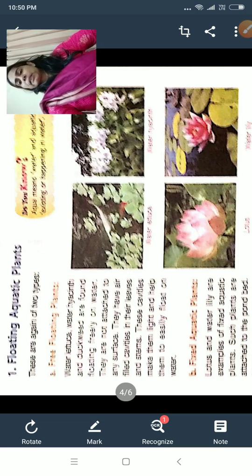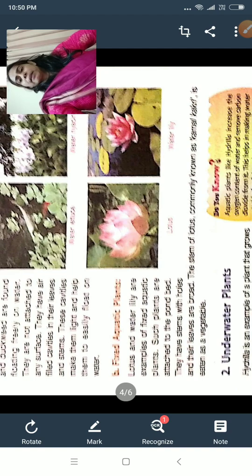Now come to the second category, the fixed aquatic plant. As the name says, fixed means these plants are attached to the bed of the pond. The examples are lotus and water lily.